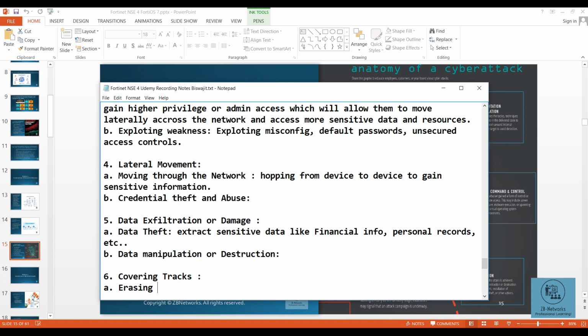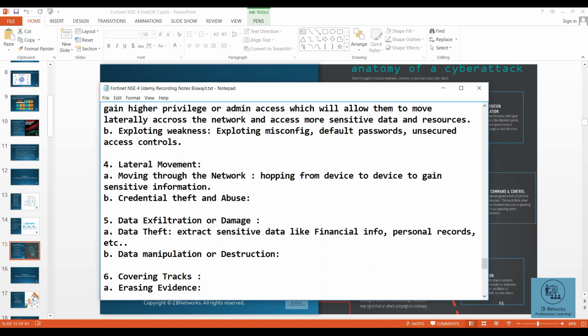Once you have gained access to the data, understood or copied the data to your local device, you have done your job, then you have to cover the tracks so that you are not caught. So the first step is erasing evidence.